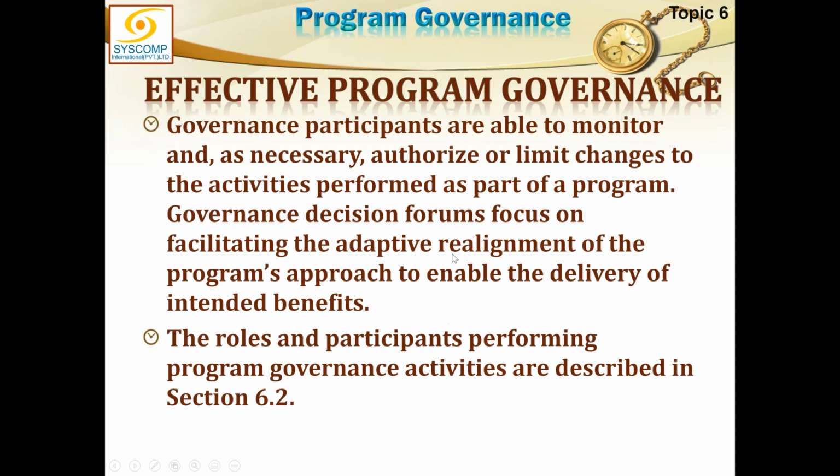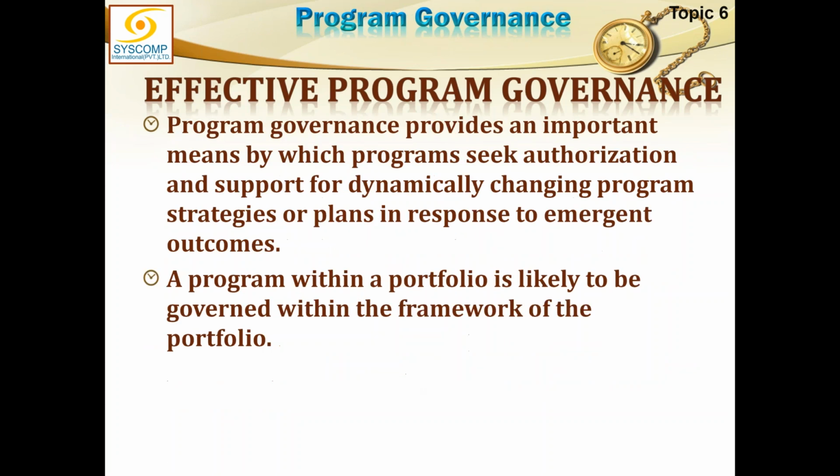So you can keep tailoring it, but naturally the decision to tailor or to change anything in the program at the program level should be taken by the governance board. The roles and the participants performing program governance activities, they are to be discussed just immediately later than this, and we'll talk about them, each one of them.